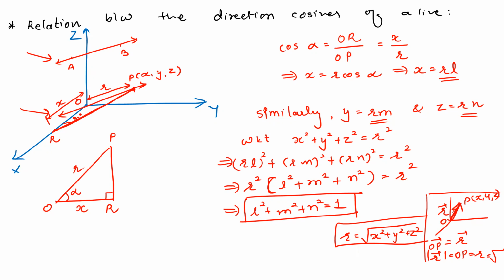From P, if I draw a perpendicular on the x-axis, we will have this kind of triangle. Then cos alpha is equal to the adjacent side OR by OP. From that we found x, similarly y and z. We know that the magnitude of any vector is equal to under root of x square plus y square plus z square, and we used that, substituted, and proved it. That is the thing.